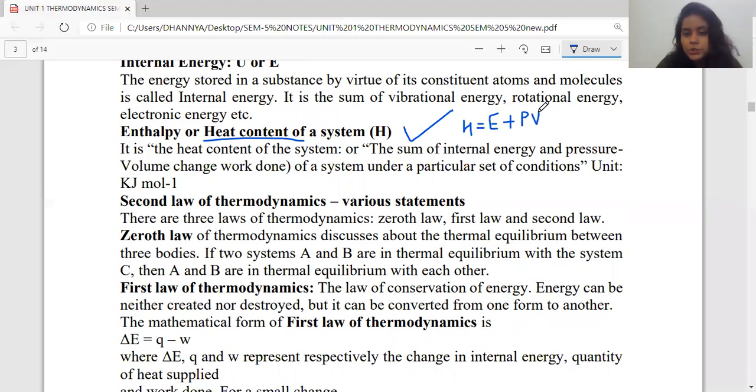Okay? So H, which is enthalpy, is equal to E, the internal energy, plus PV. Its unit is kilojoule per mole, because the change in pressure and volume by the work done of a system will be considered, and that can give us an idea regarding the enthalpy of the system.